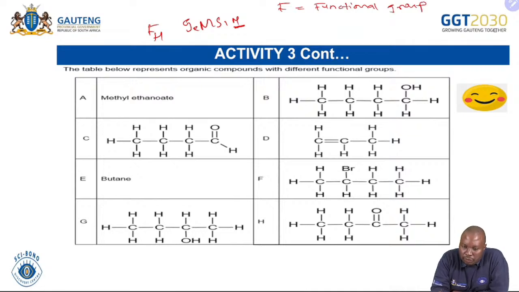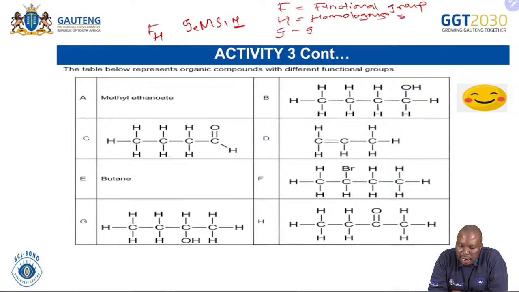Number 2, H is for homologous series, and G is for general formula.